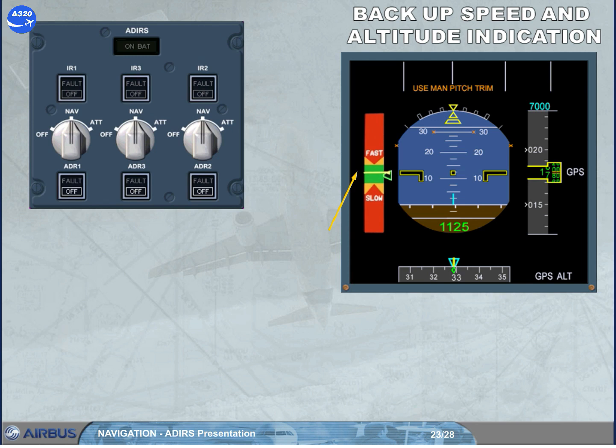The backup altitude scale is based on GPS altitude information. Due to the GPS altitude inaccuracy, the last 2 digits are double-dashed. The vertical speed indication is not available. Note, on the FMA, an amber USE MAN PITCH TRIM is displayed when the landing gear is down.